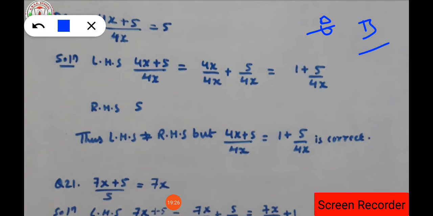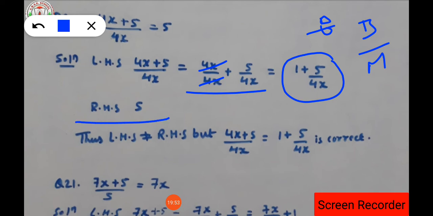And one term is present in the denominator, so it is a monomial, so we can easily separate it. How to separate? 4x plus 5 upon 4x can be separated as 4x upon 4x plus 5 upon 4x. Here 4x and 4x will get cancelled, then plus 5 upon 4x will remain as it is. So the answer we are having there is 1 plus 5 upon 4x.